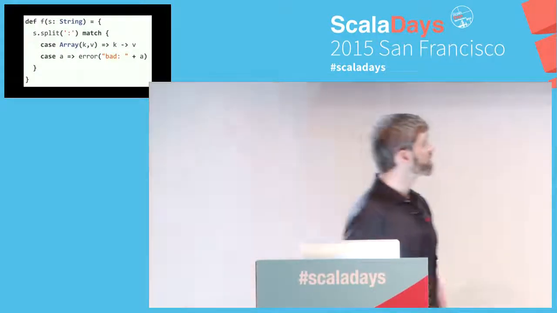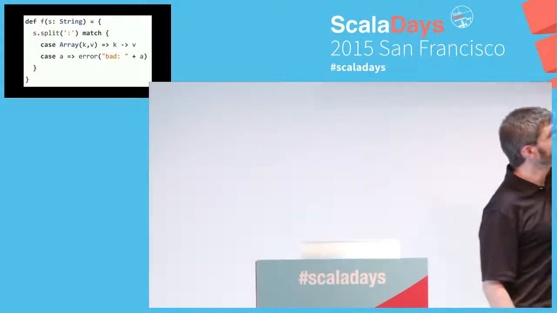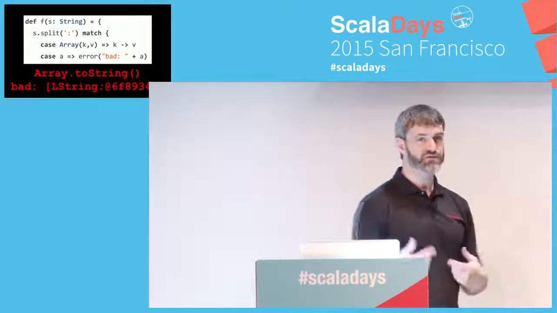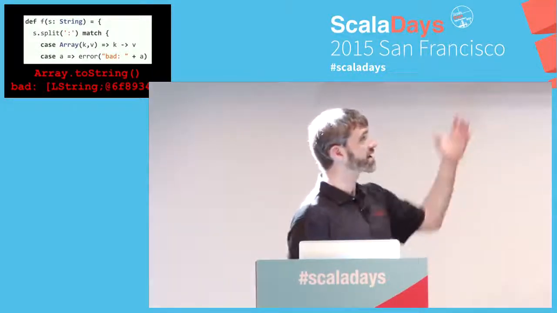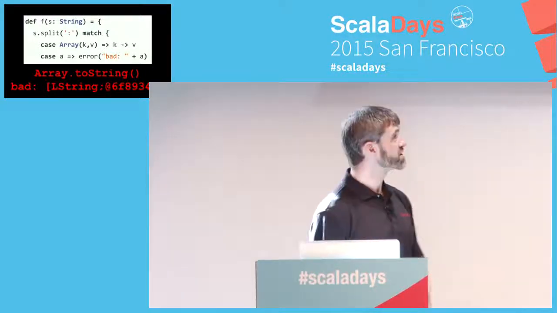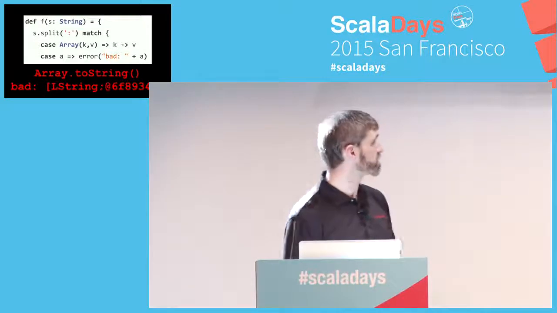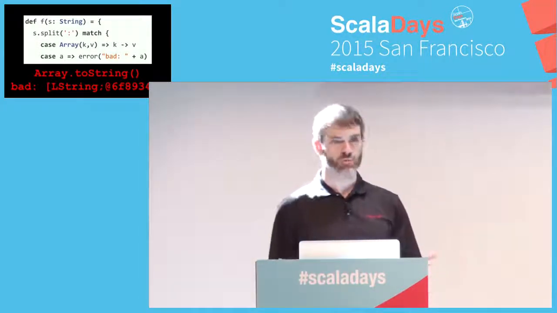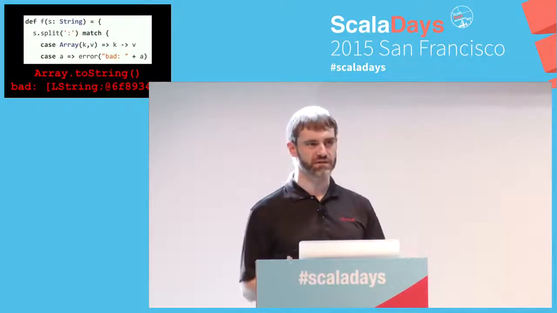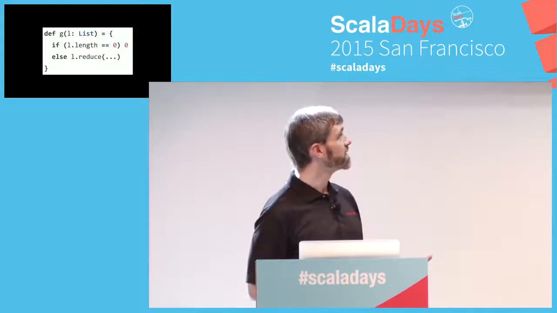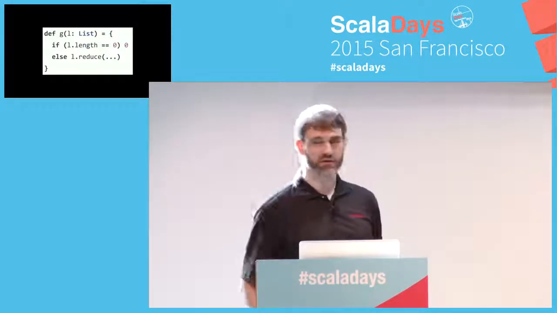And when you create this error message here, it's utterly useless because the toString that you're calling there by concatenating to bad is the Java library's toString, which gives you something horrifying like right square bracket L string at hash. That doesn't help you at all, and you don't find out until you need it the most, right? This isn't something I want to allow. What could we do better here?